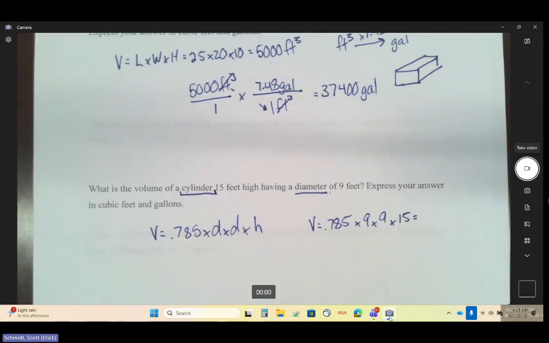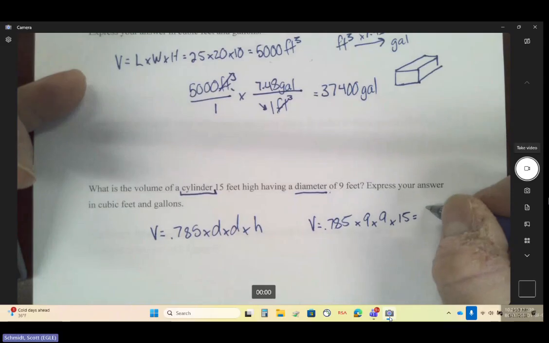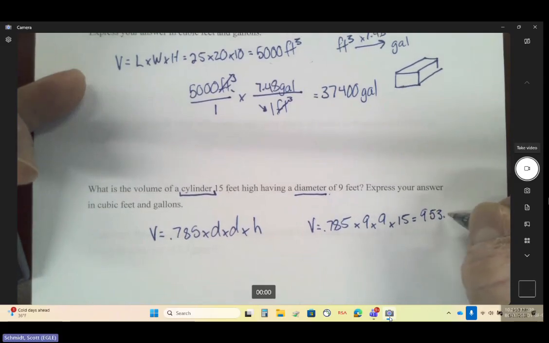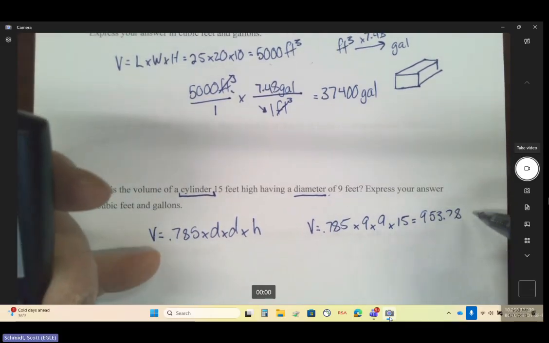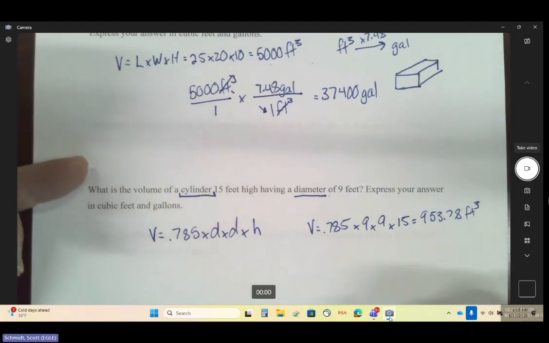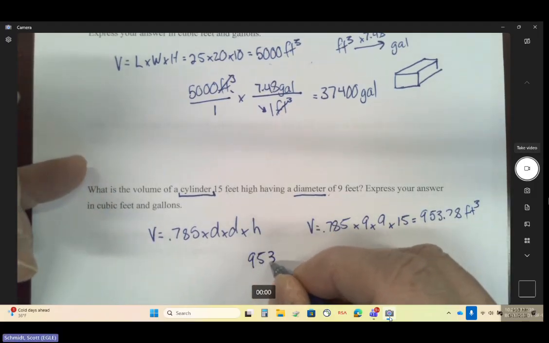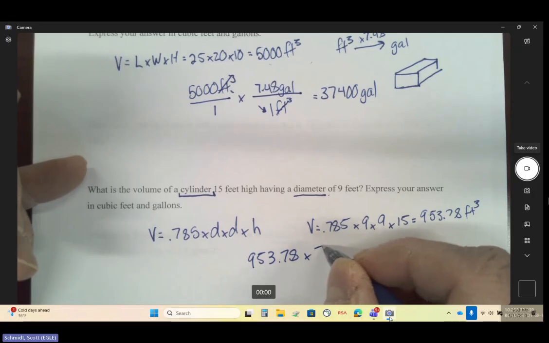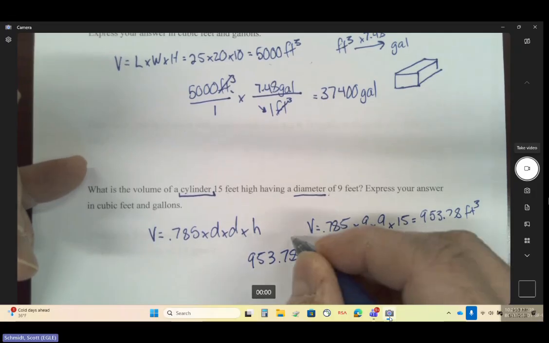This will get me my cubic feet: 953.78. I only rounded to 2 decimals, cubic feet. Well, I need that in gallons, so 953.78 times 7.48, because that gets me to gallons.